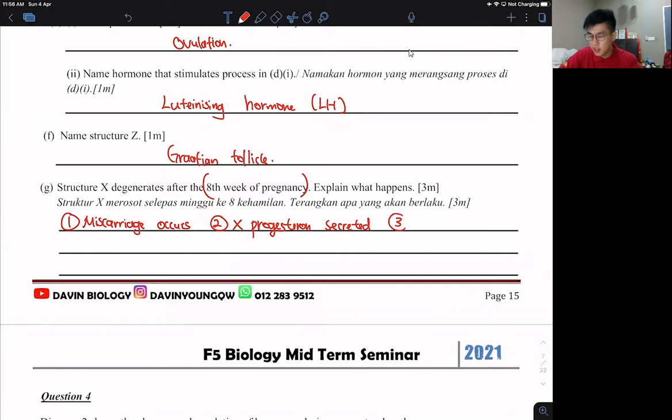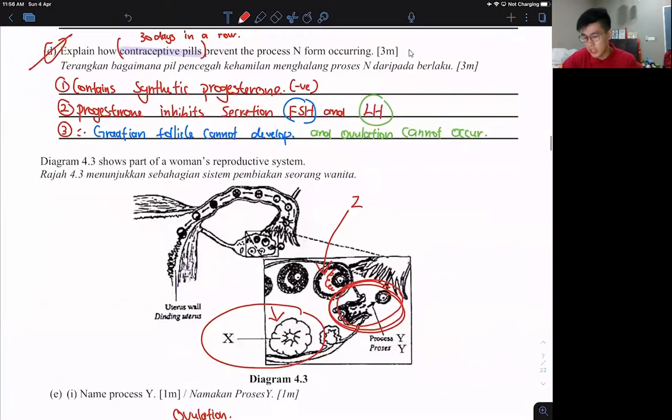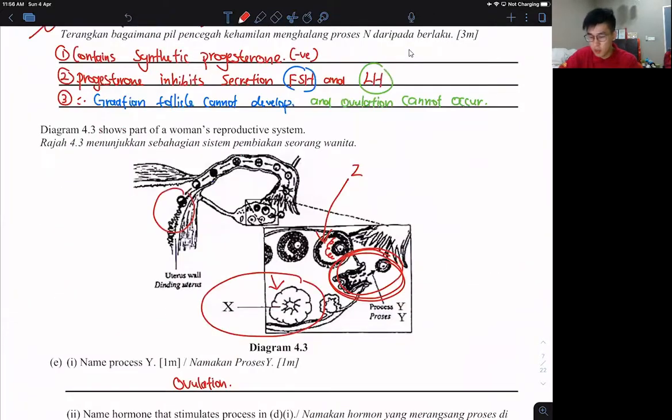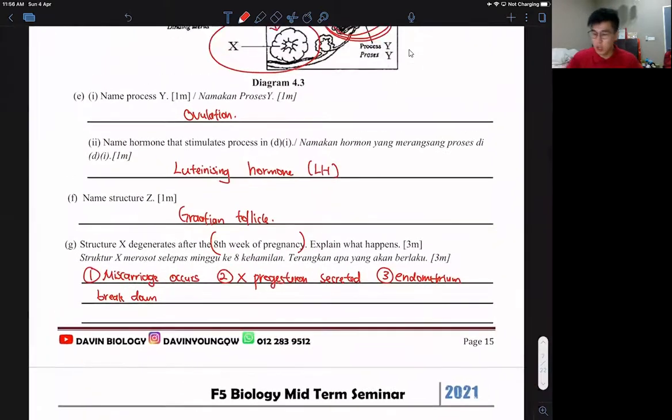No progesterone means your endometrium is going to break down, and then your baby will drop out along with the endometrium. In Chinese, you always say 流产. The endometrium here is where the baby is going to grow. So if the wall breaks down, the baby that grows halfway will also drop out, cannot develop anymore. And that's what miscarriage is.